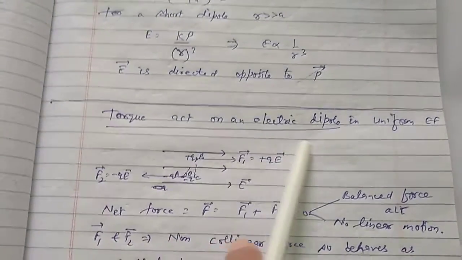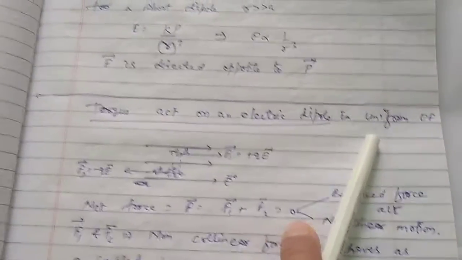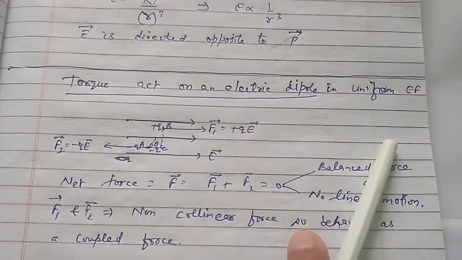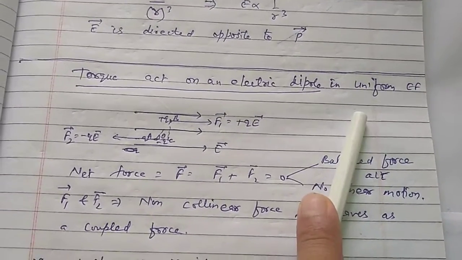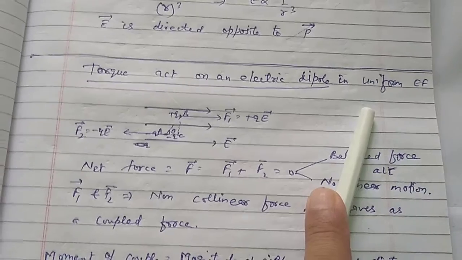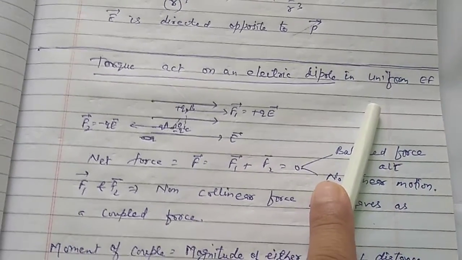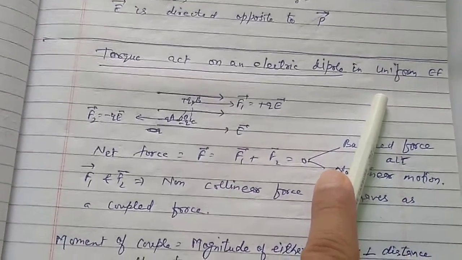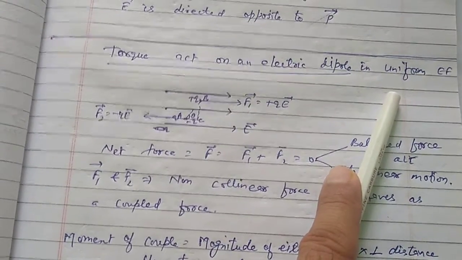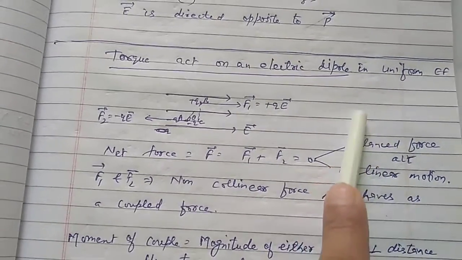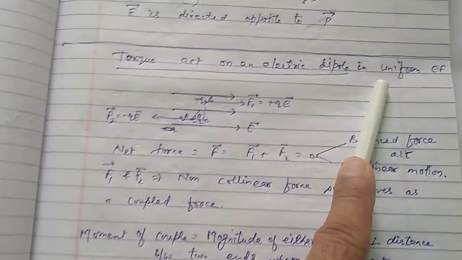Torque acting on an electric dipole in a uniform electric field. When we talk about the uniform electric field, it is that field which is equal in magnitude and having the same direction, because uniform means constant.